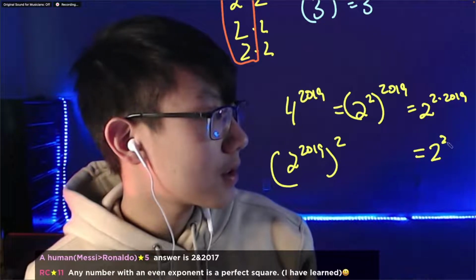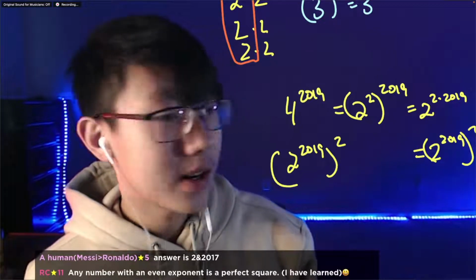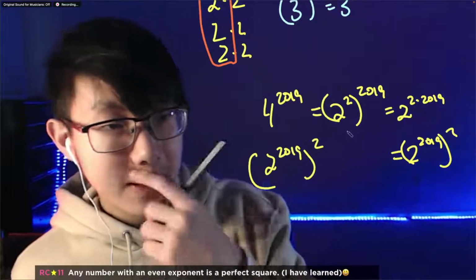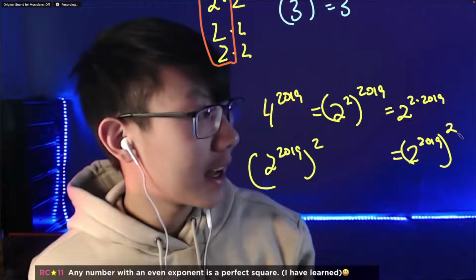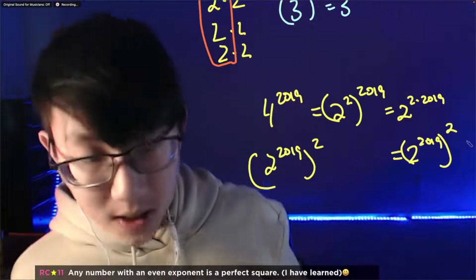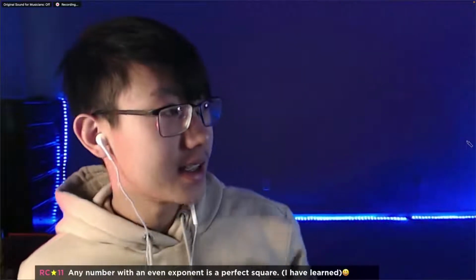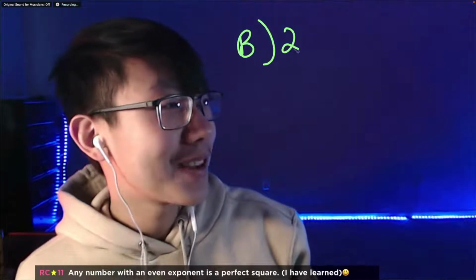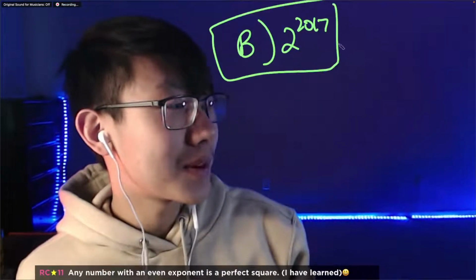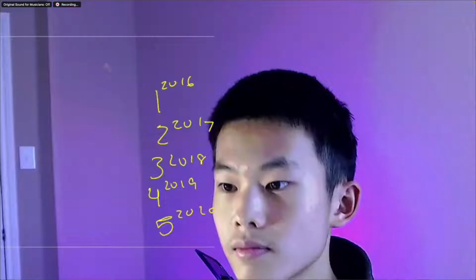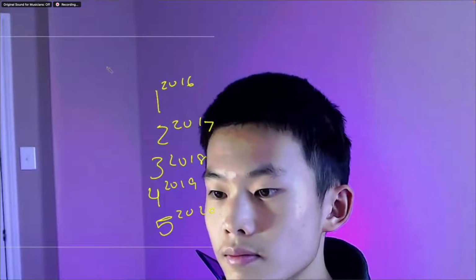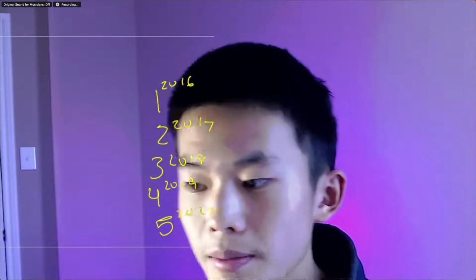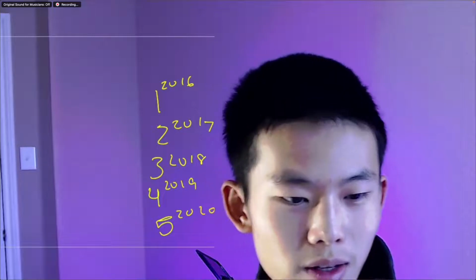We can do this as 2 to the 2019 squared. So it's still a square as well. And from there, we know that the only one that wasn't a perfect square is answer choice B. I'm pretty sure I used the lime green for that, but if not, oh well. So this is not a perfect square. Yeah, and we can move on now to the next problem.